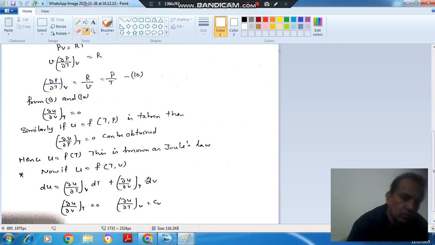Now if we assume that u is a function of T and V, then du is equal to (∂u/∂T) at constant V into dT plus (∂u/∂V) at constant T into dV. And we have (∂u/∂V) at constant T equal to 0.